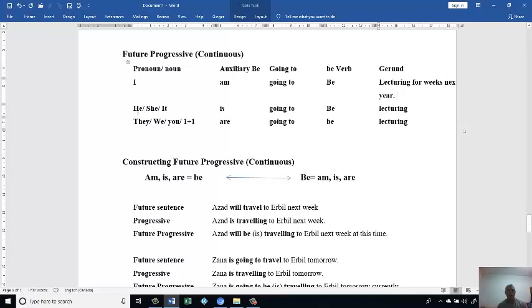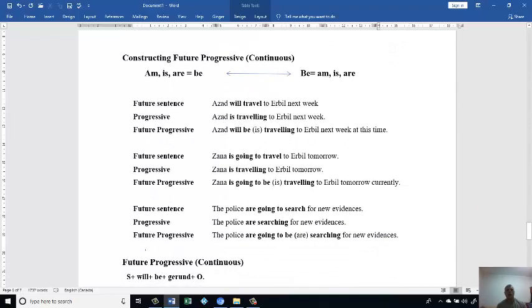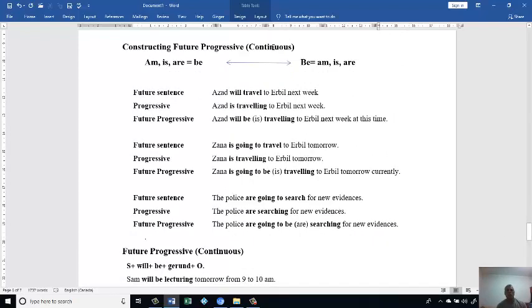Same thing here, if we have he, she, or it, we're going to use is. He is going to be lecturing maybe for 2 weeks next year. Then we have they, we, you, and plural nouns: are going to be lecturing. Okay? Let's see how we construct the future progressive, or continuous.